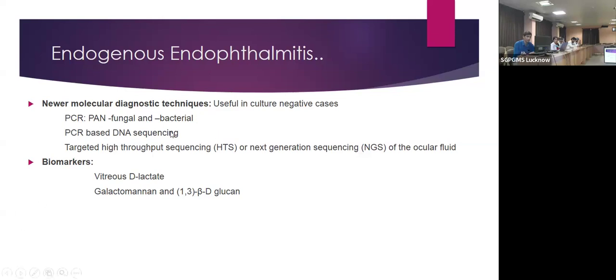Nowadays many hospitals start with pan-fungal and pan-bacterial PCR as soon as they receive the patient, taking some intraocular fluid for it, though people recommend it for negative cases. DNA sequencing or high-throughput sequencing has an availability issue and is mostly lab-specific as of now.